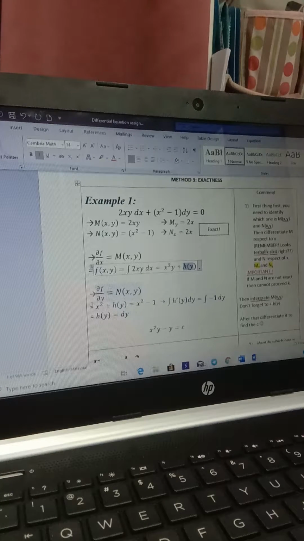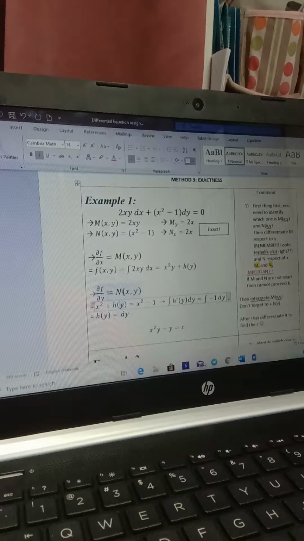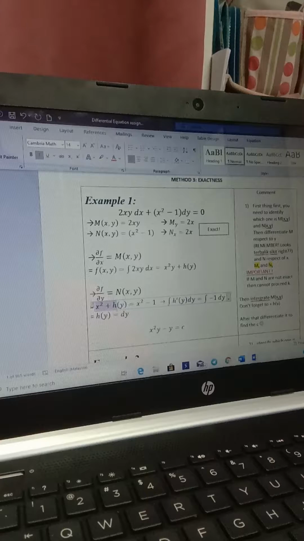Next we put it back into this example, I'm sorry, this answer, N equals the function of N. So after that we will integrate h prime (y), which we have already differentiated, and we integrate it back, so we will get negative 1 dy.